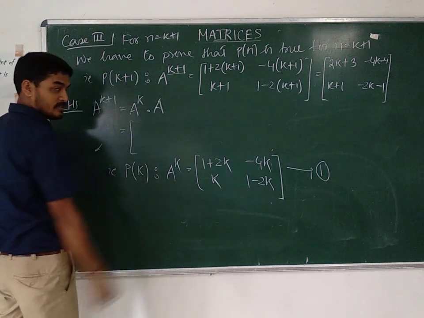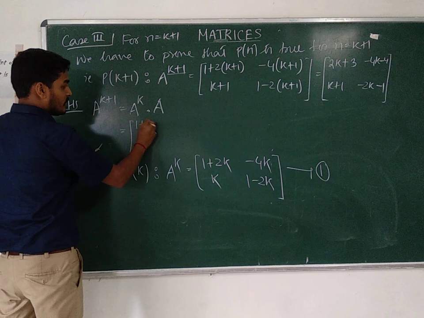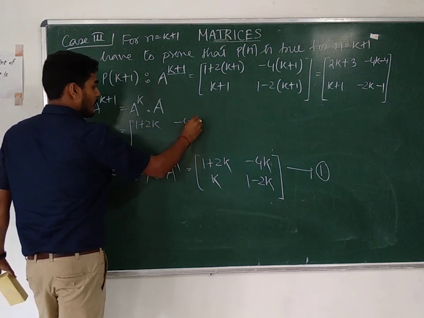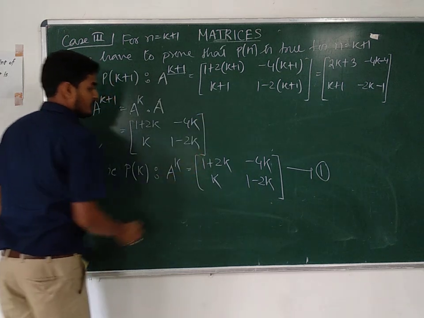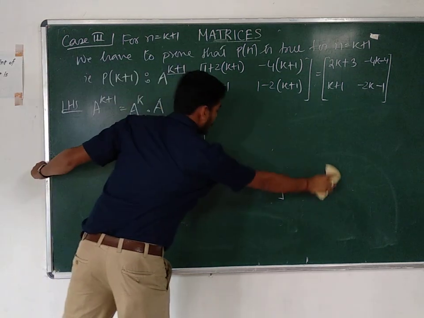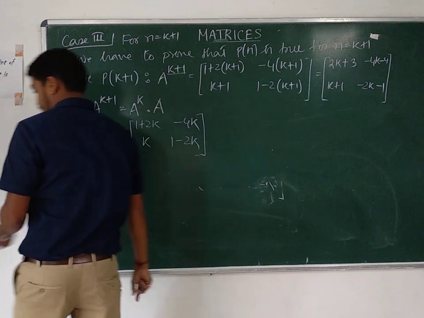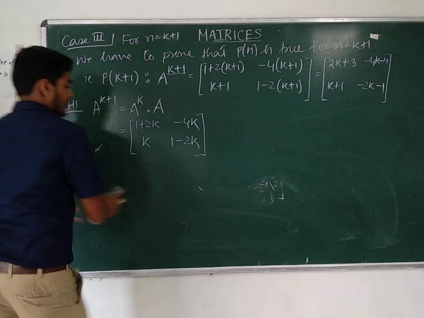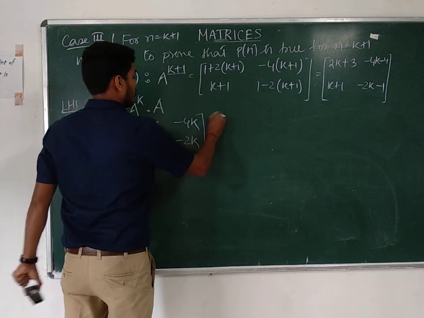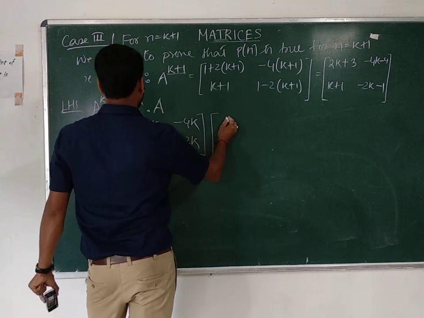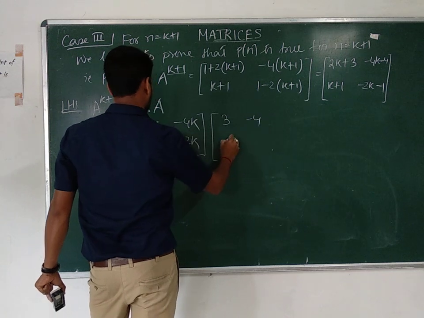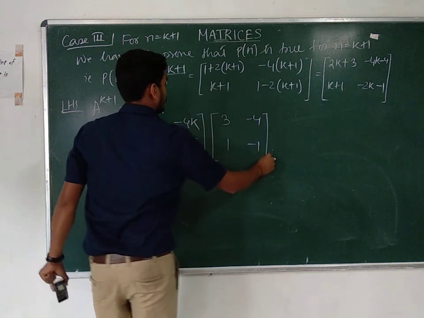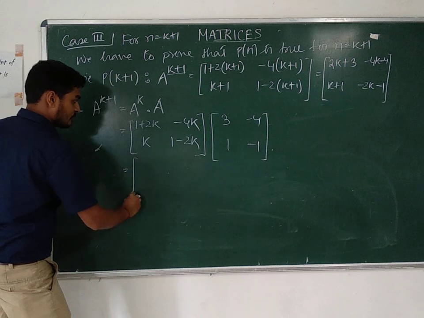It is already considered as equation number 1: 1 plus twice k, minus 4k, k, 1 minus twice k. So we take the value from equation 1. And what is the value of A here? It will be 3, minus 4, 1, minus 1. Just try to multiply it.